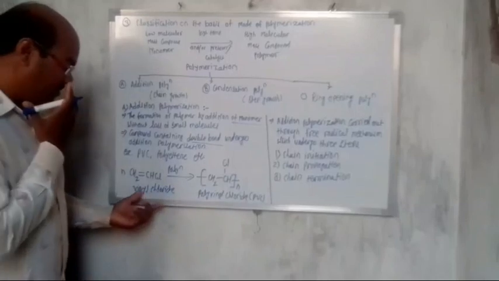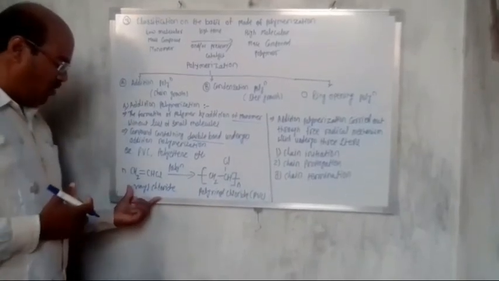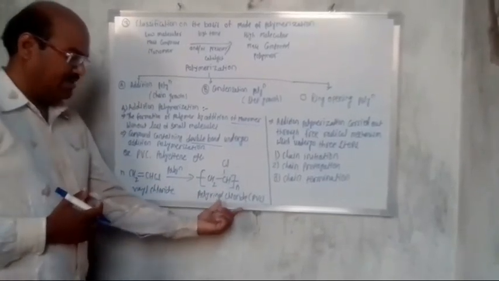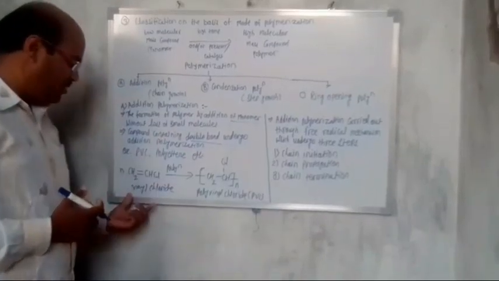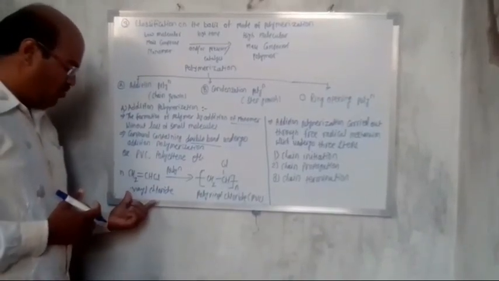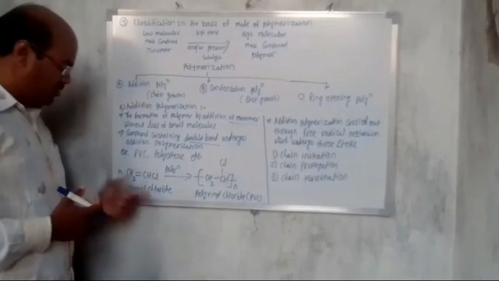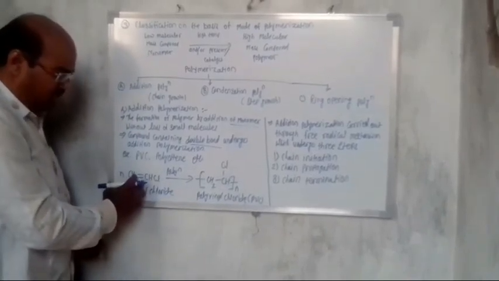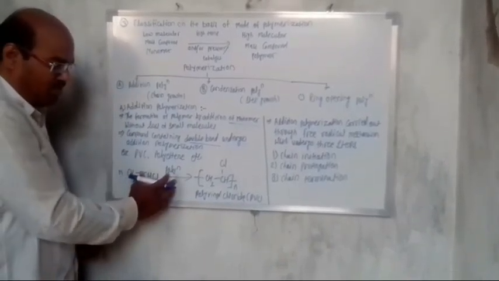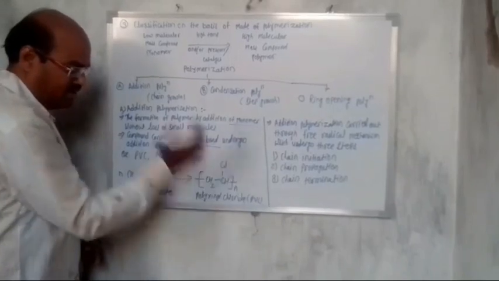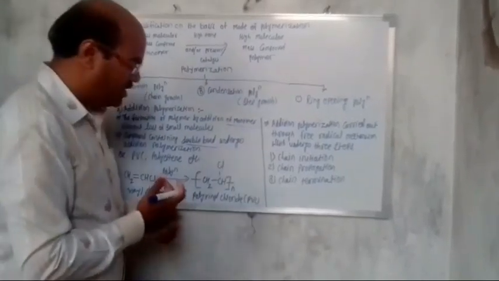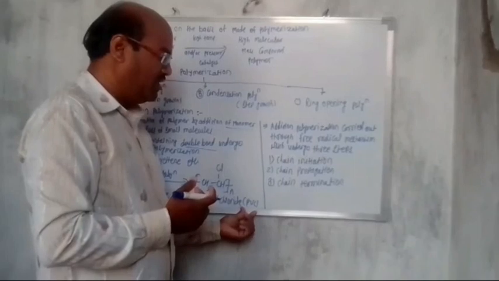Here we discuss an example: polyvinyl chloride, PVC, is made from the monomer vinyl chloride, which has a carbon-carbon double bond and one chlorine. After polymerization it is converted into polyvinyl chloride, also called PVC.